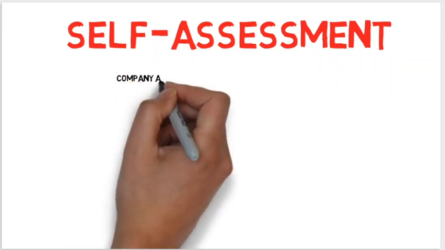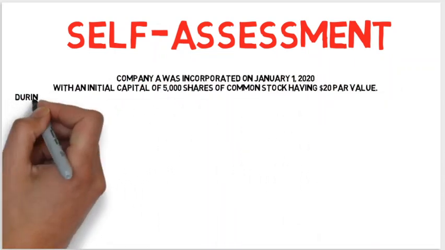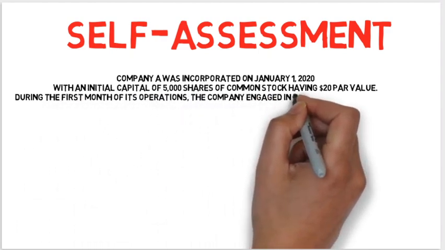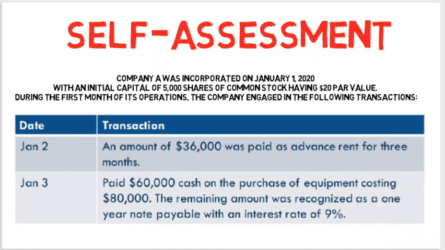Company A was incorporated on January 1st, 2020 with an initial capital of 5,000 shares of common stock having $20 par value. During the first month of its operation, the company engaged in the following transaction.